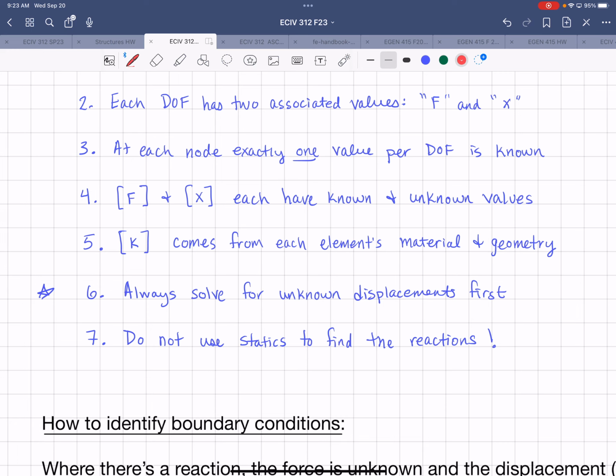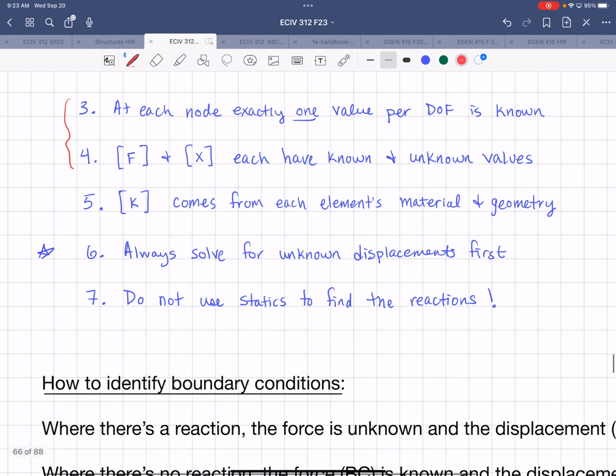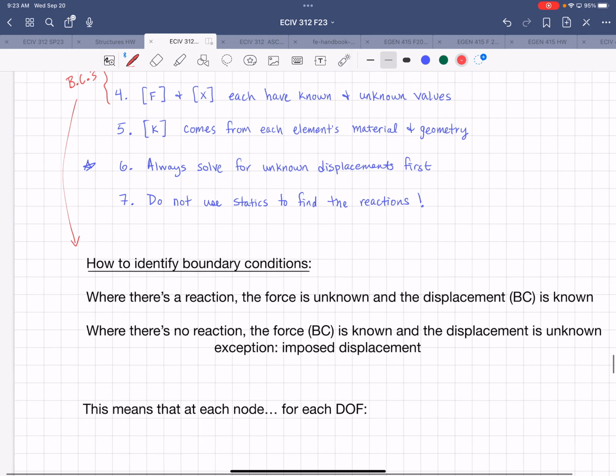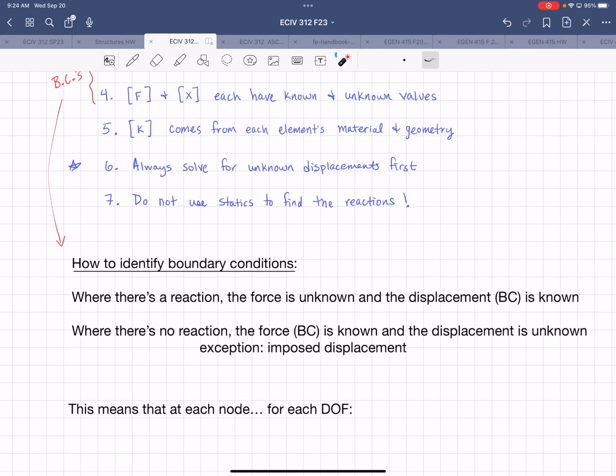So next we'll talk about boundary conditions and how to identify them. This ties directly to rules 3 and 4. I already sort of mentioned this. Where there's a reaction, the force is unknown. Even if you can figure it out in your head, treat it as unknown, and the displacement is going to be the known value.